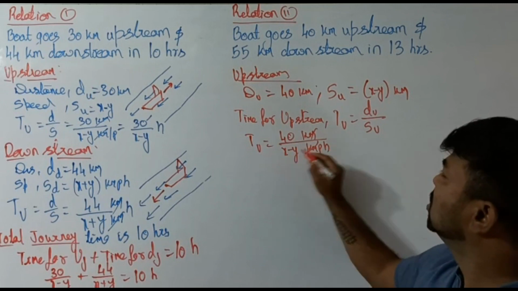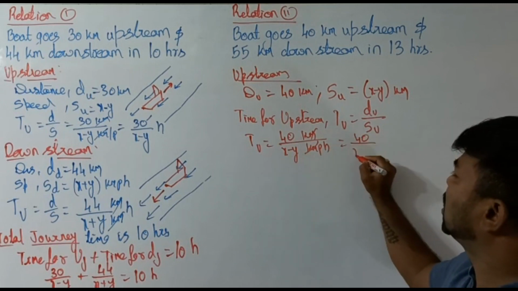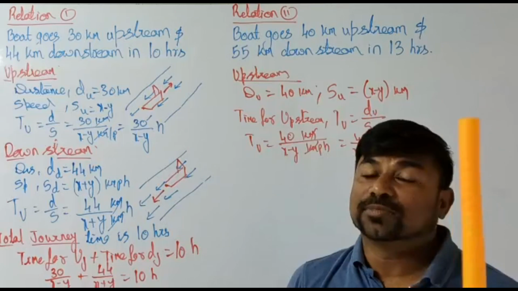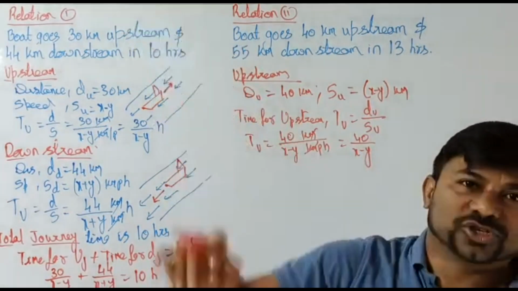Now, time for upstream is distance upstream by speed upstream, so it is 40 kilometers by x minus y kilometers per hour. Cancelling, we have 40 by x minus y. That is the time taken for the upward journey.